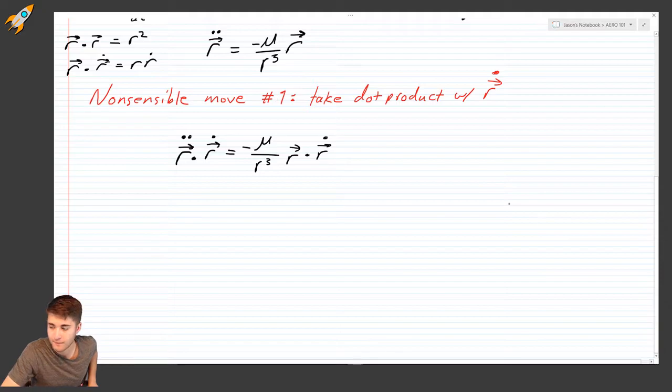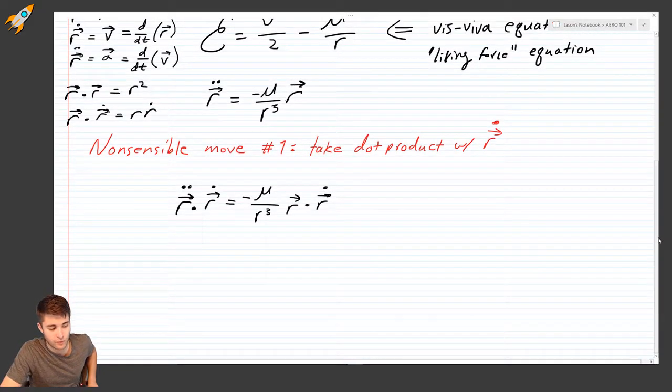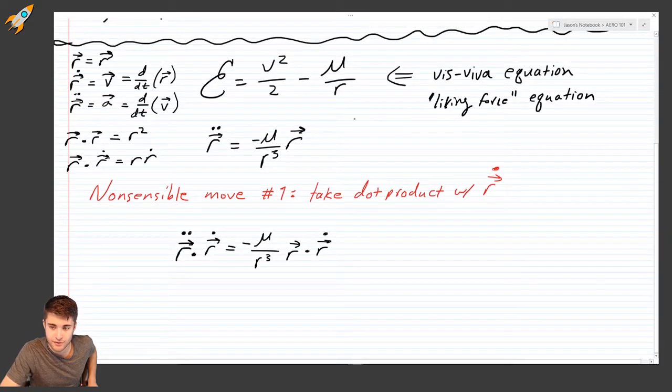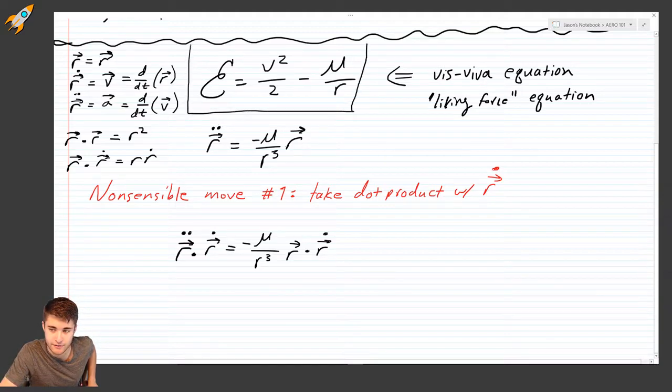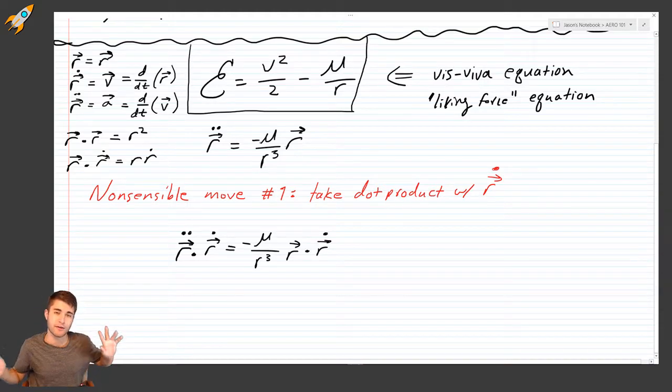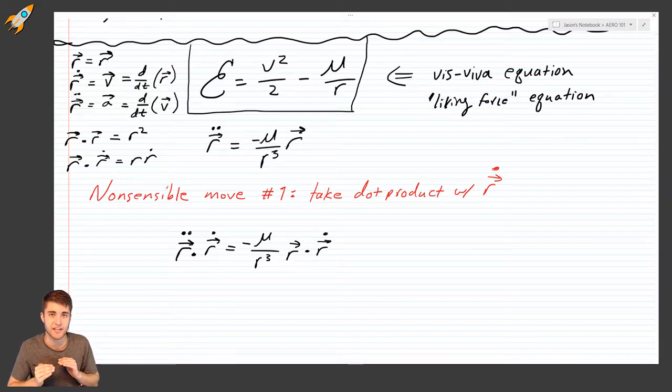Okay? Here's the thing. I mentioned this last time, right? What we want, as you can see here, you see dots in this equation. But we don't see any dots in this equation right here, right? We don't see any dots in Vis Viva. So we need to put everything on a level playing field, right? Whatever level of time derivatives that you're at, we need all terms to match up with that.